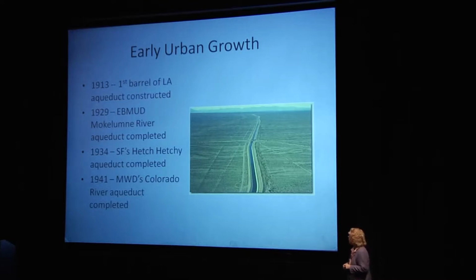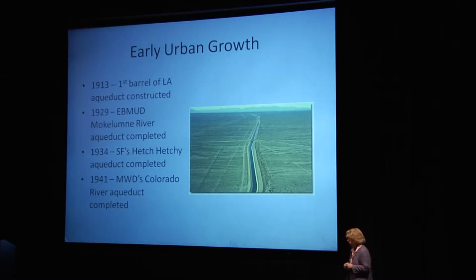So that forced them, even early in their development, to go well outside their boundaries to look for a water supply. A couple of decades later, you have the communities around the San Francisco Bay Area, the East Bay, Oakland area, and then the city of San Francisco, going to the Sierras to find water because they've outgrown their local supplies. And in 1941, Southern California, again, goes outside its boundaries for water and goes all the way to the Colorado River.